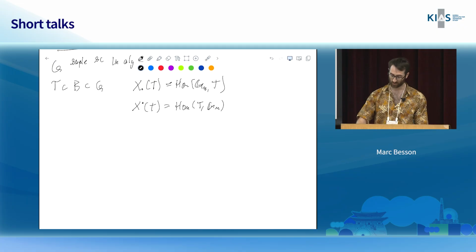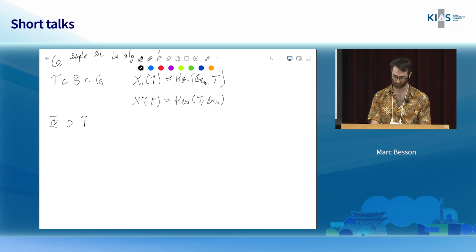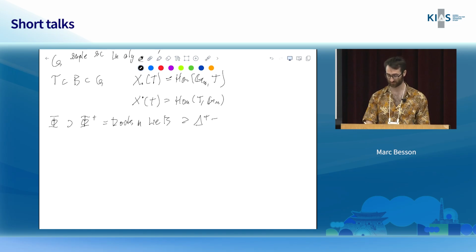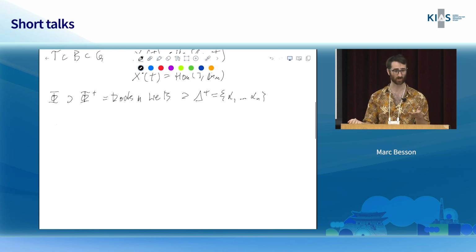And because I've chosen a Borel, I can talk about positive roots. So I have my root system. I'm going to take Phi plus, the roots in Lie B. And then I have a base, so Delta plus is a collection of simple roots, alpha 1 through alpha n. And with this, I can talk about dominant coweights.